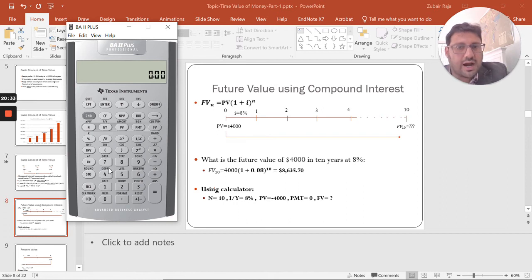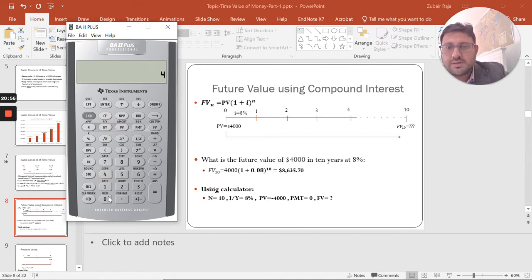So let's start inputting the numbers. First of all, turn on the calculator, and then press 10 and go into N. So this is N, and 8% is your interest rate, so it will go over here.